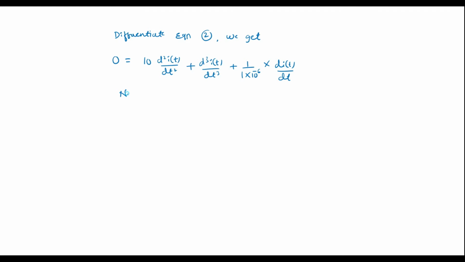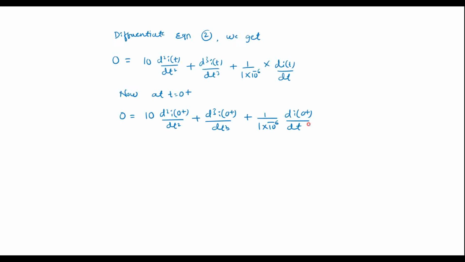Now at t equal to 0 plus, this equation can be written as 0 equal to 10 d square i of 0 plus by dt square, plus d cube i of 0 plus by dt cube, plus 1 upon 1 into 10 power minus 6 times di of 0 plus by dt.